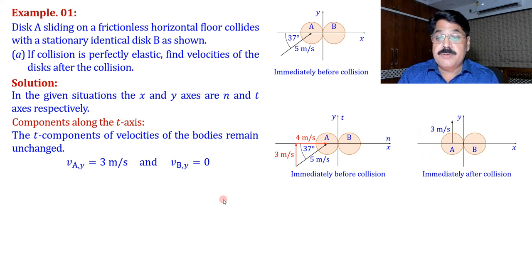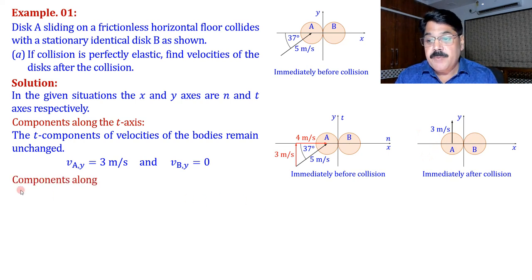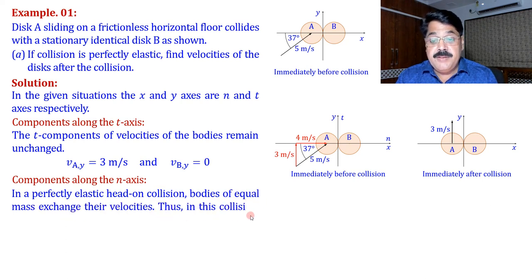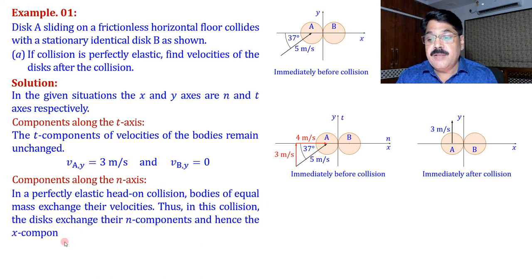Now we discuss the normal components of velocities. Components along the n-axis. In a perfectly elastic head-on collision, bodies of equal mass exchange their velocities. Thus, in this collision, the discs exchange their n components, and hence the x components of their velocities.